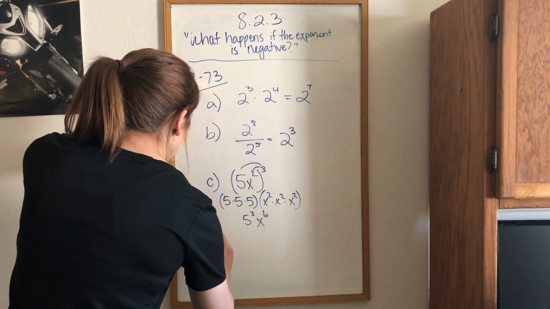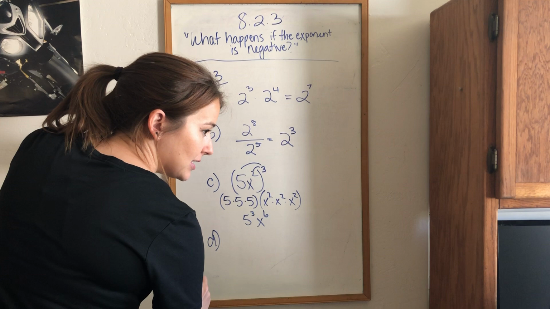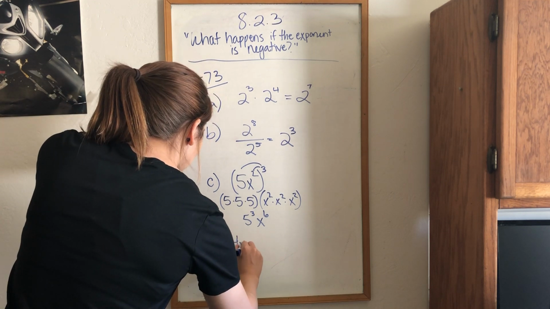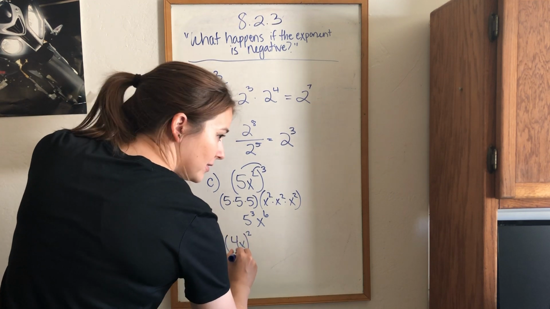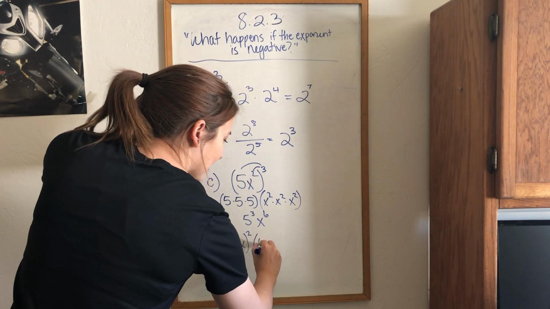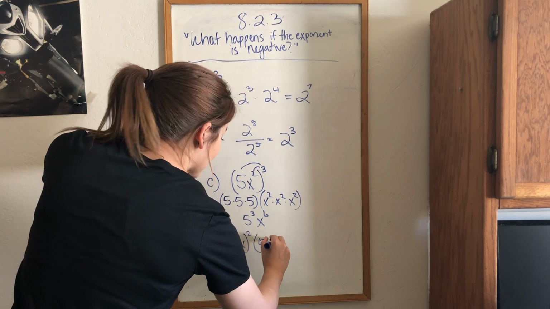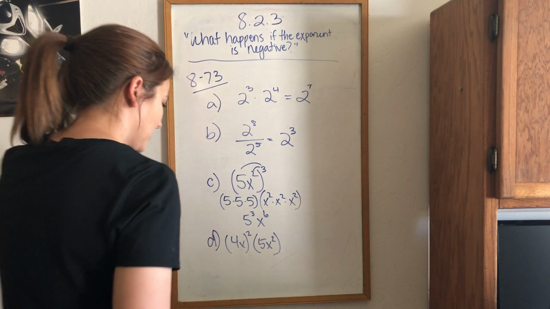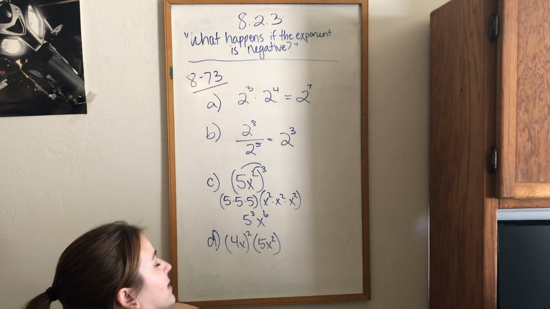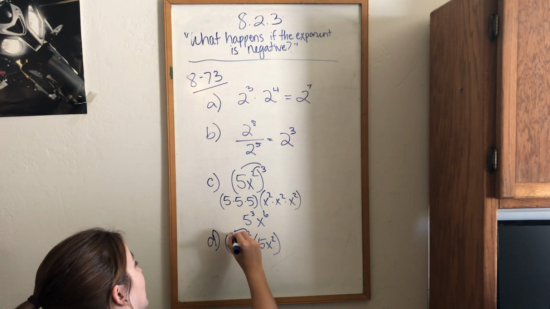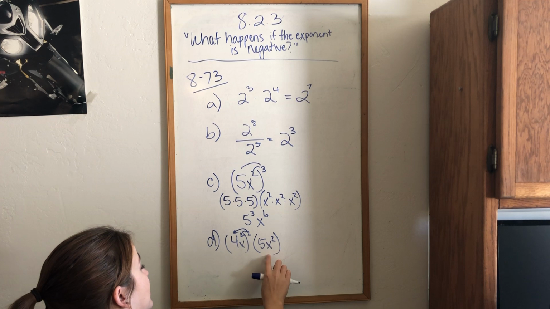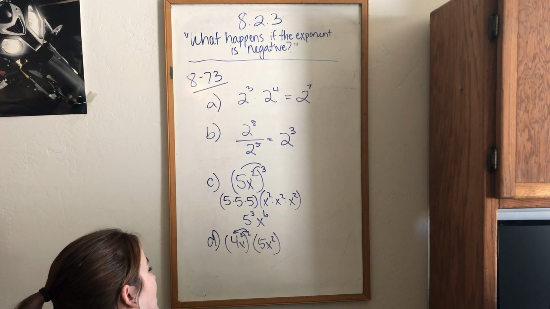Let's do D. D is 4x, parentheses, squared, and then 5x is 5x squared. So this one, same idea, distribute that exponent to everything in the parentheses. This one doesn't, because it doesn't have anything on the outside.